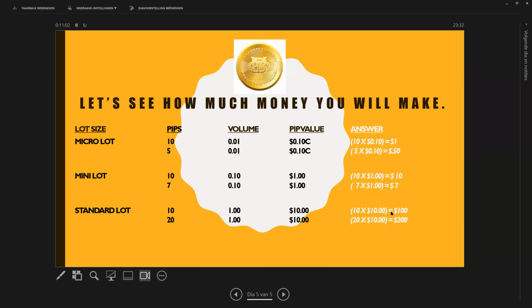Yes. Now we did it easy because we can see here that the answers are there. But now instead of 10 pips on the mini lot, I would like to see the answer for 5 pips for the mini lot. Let's see who can help us with the answer for the 5 pips on the mini lot.